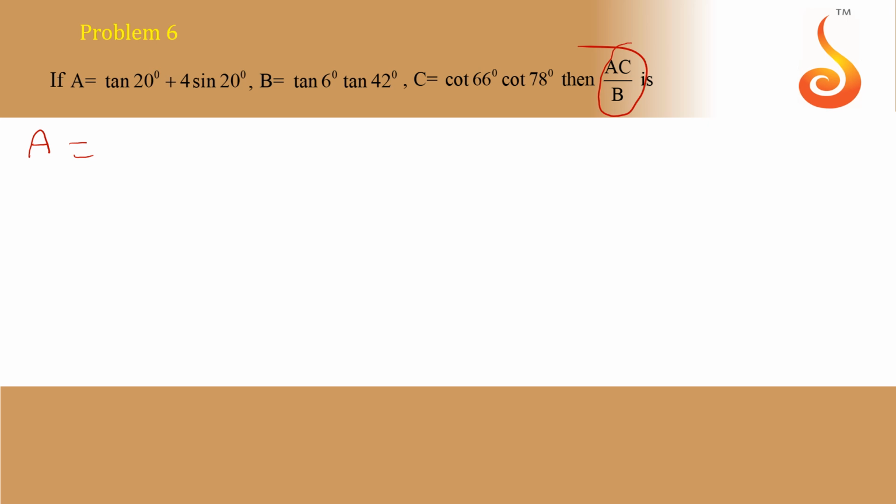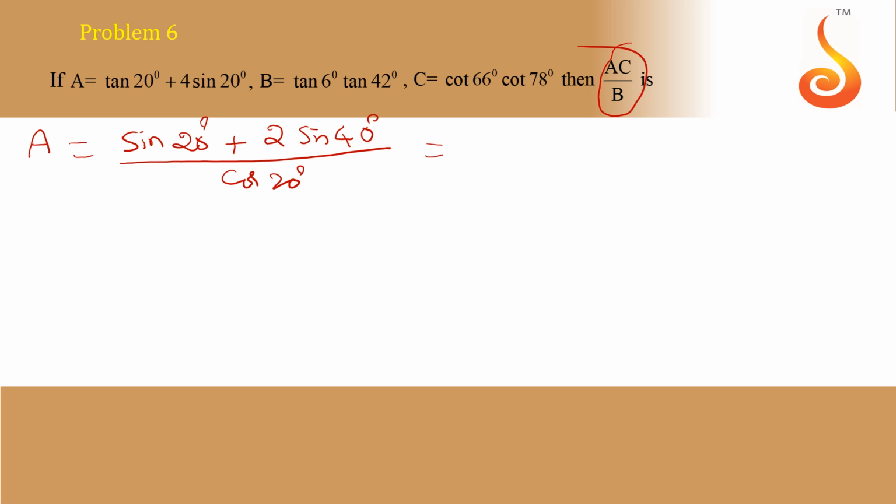Tan 20, if we write sin 20 by cos 20 and take LCM, it will be sin 20 plus 2 sin 20 cos 20, which is sin 40, divided by cos 20.